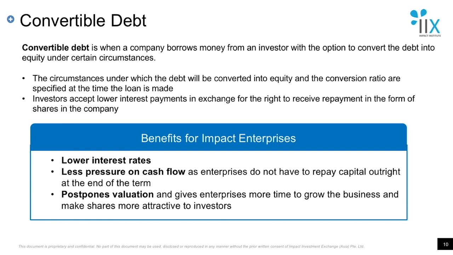It can be a reduced pressure on cash flows, as if they plan to convert the debt to equity, they won't necessarily have to pay off the principal of the loan at maturity. And in certain cases, a convertible note can be used to postpone a valuation discussion with an equity investor. And so let me explain that point particularly.